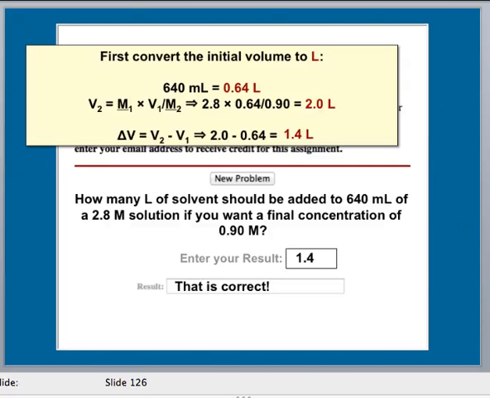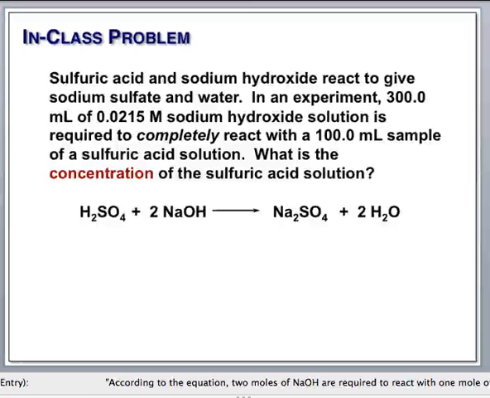All right, let's end this up with what's going to be an introduction to Chapter 8. Remember in lab, way back when, one of the things that you did was to take acid solutions and add base to them, right? And phenolphthalein and stuff like that. You got a color change. What you're doing here is called a neutralization. Sulfuric acid is a strong acid.